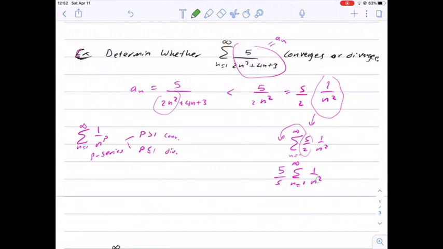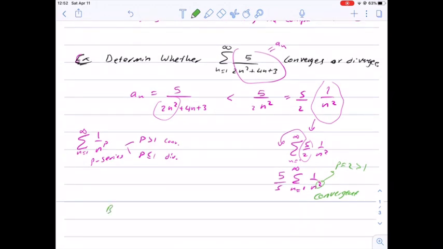Now this is a p series with p equals 2, and that's greater than 1. That means it's convergent. This series is convergent, and using the comparison test, the series from n equals 1 to infinity of 5 over 2n squared plus 4n plus 3 is convergent as well.